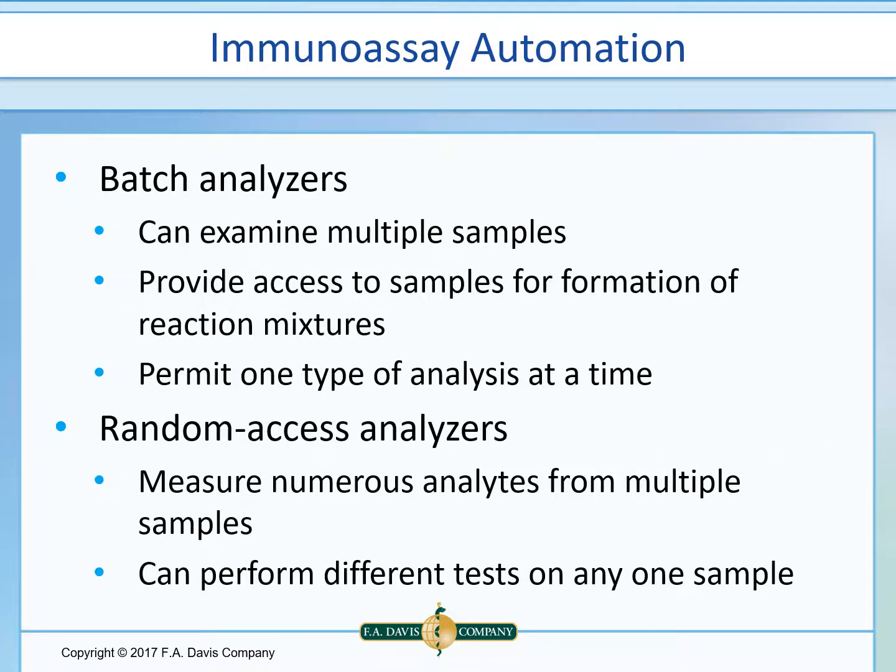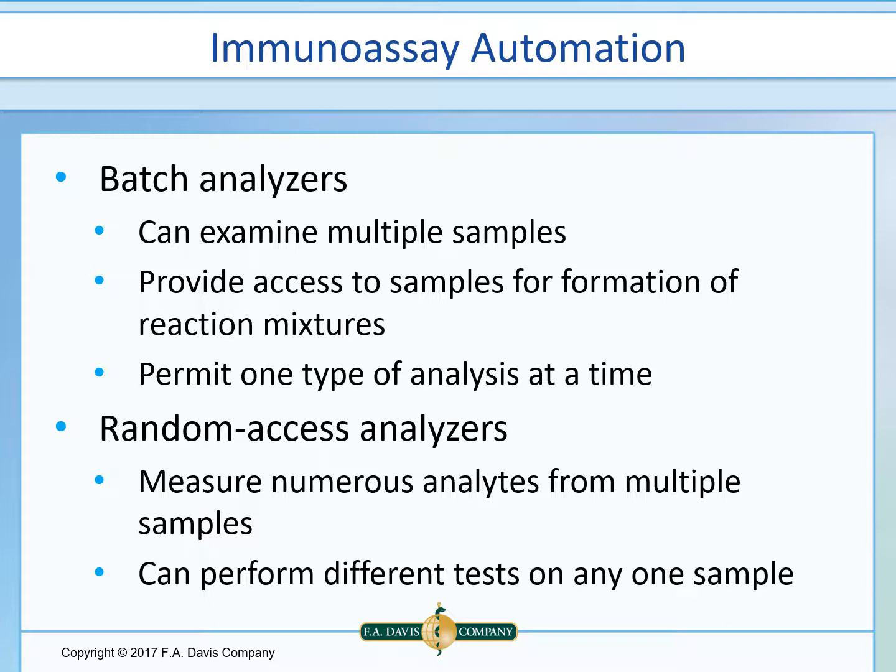With immunoassay automation, there are currently two main types of analyzers on the market: batch analyzers and random access analyzers. Batch analyzers can examine multiple samples and provide access to the test samples for subsequent reaction mixtures, but these batch analyzers permit only one type of analysis at a time. So this can be considered a drawback.